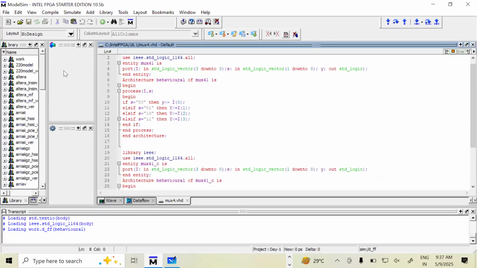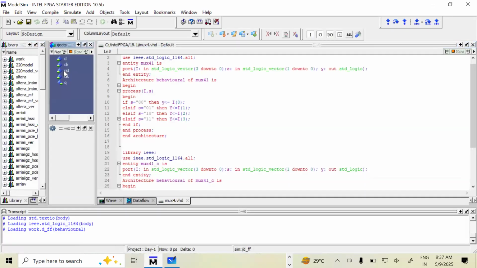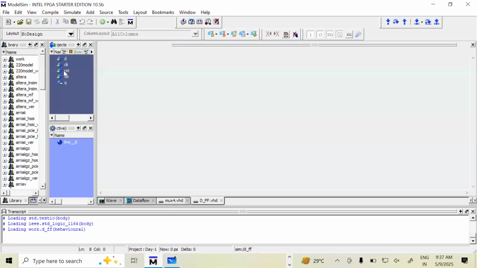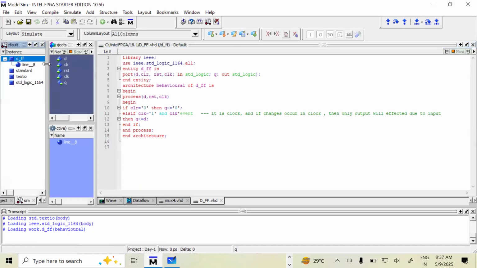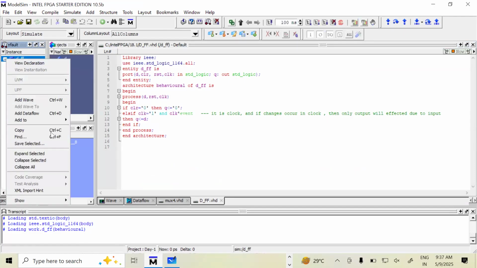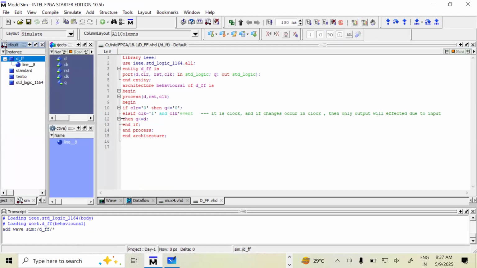In the instant window you have to wait. At the instant window, it is visible. Just the D flip-flop, you have to add it to all waves in the ring.